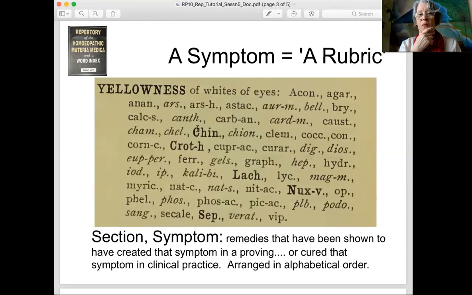So here we are with a symptom from Kent's repertory from the eye section of yellowness of the whites of the eye. And you can see all these remedy names that you've been getting very friendly with because you've been looking at your list and reviewing and making sure that you know what all those things are, even those very strange, obscure ones that you've never used.